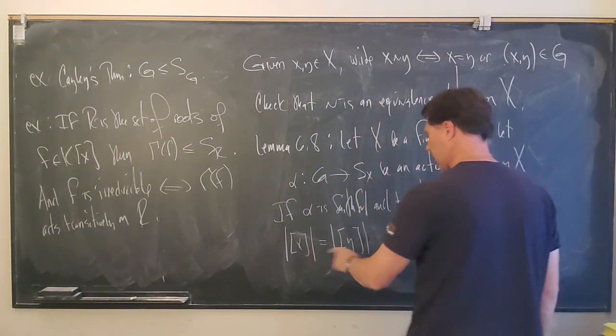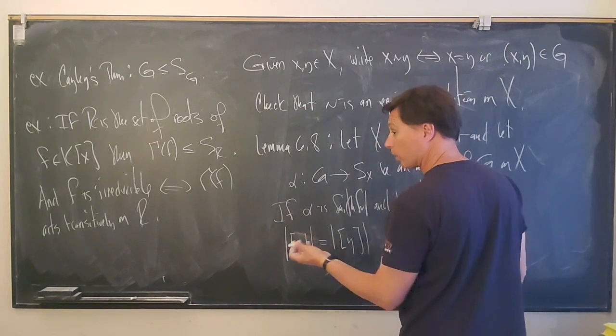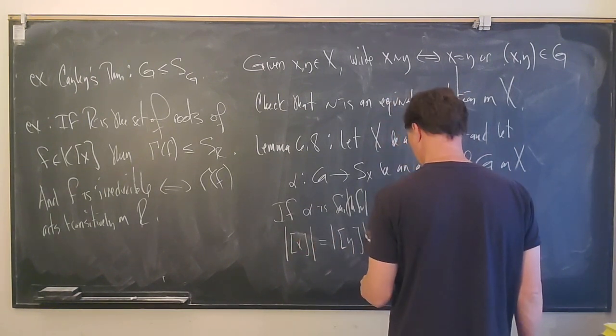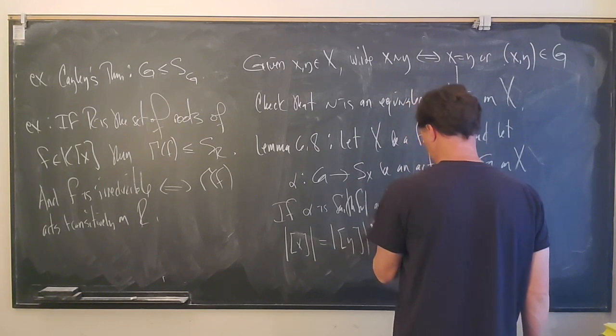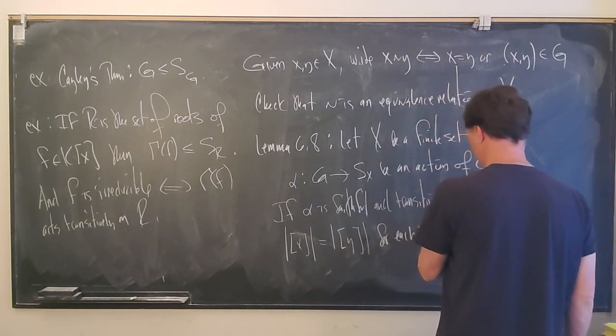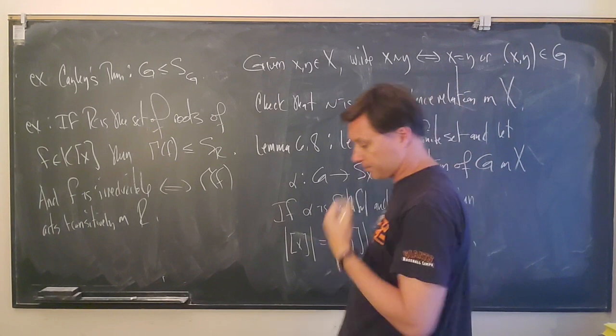So then the equivalence class of x and the equivalence class of y have the same order for each x and y in capital X.